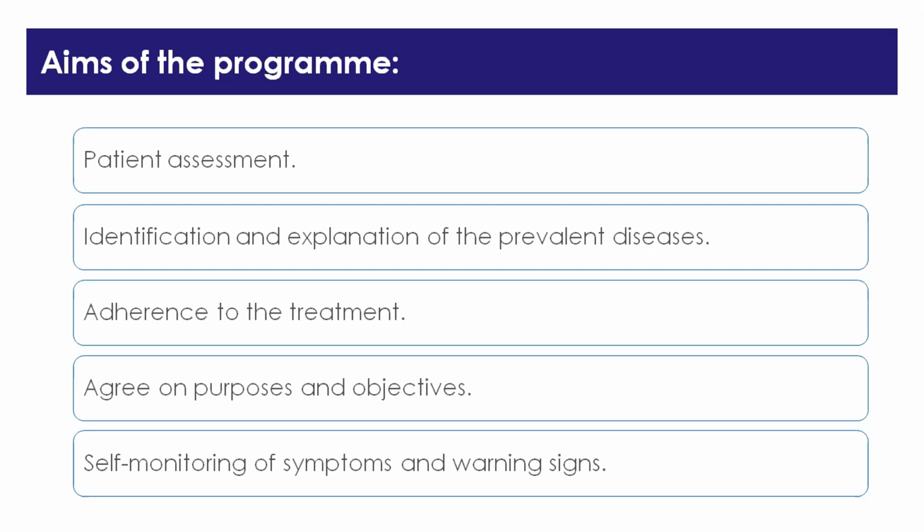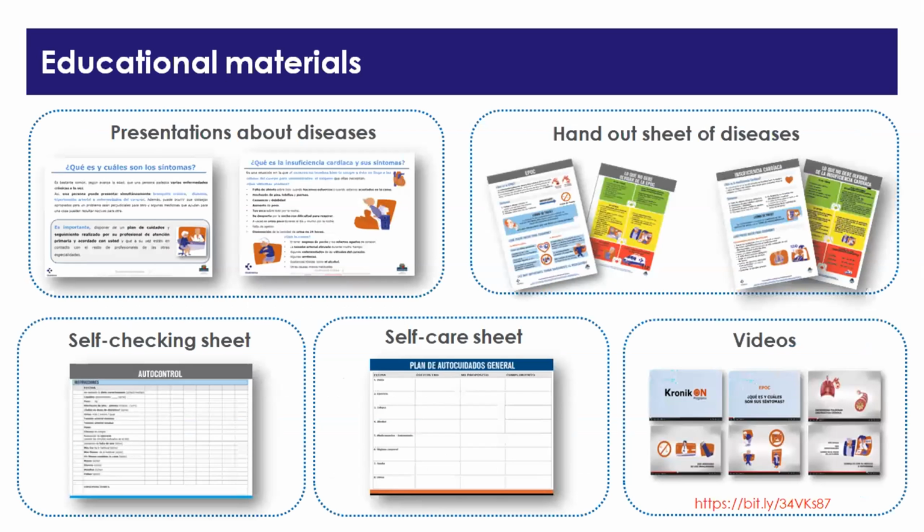The general objectives are assessment of the patient, identifying and explaining the prevalent diseases that this type of patients has, then reviewing the treatment, then also agreeing some purposes and objectives, some changes that they have to make in order to have a better life or healthy habits, and finally self-monitoring of symptoms and warning signs that this type of patients has. So different materials were developed that are ready for these healthcare professionals to deliver these sessions.